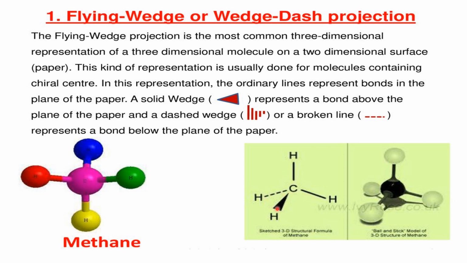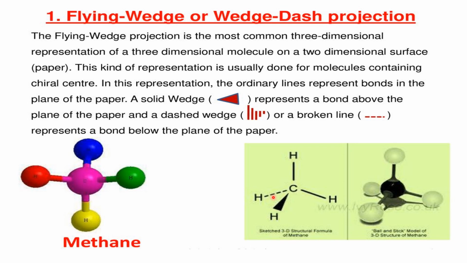This solid wedge represents that the bond is above the plane of the paper. In this picture, if we are representing this C wedge H bond, that means it is above the plane of the paper, and the dotted lines or broken lines represent that it is below the plane of the paper.